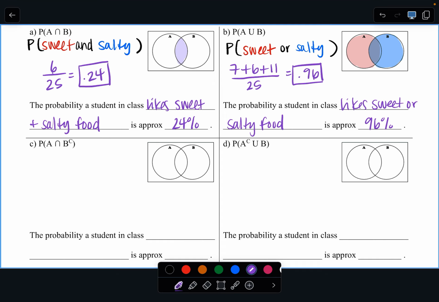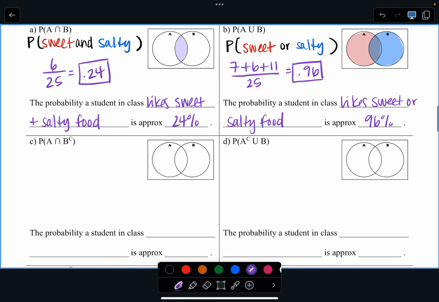Now, for the probability of A and not B, especially for these, even I sometimes am like, okay, what am I looking for? A is sweet, and I'm just going to write not salty.